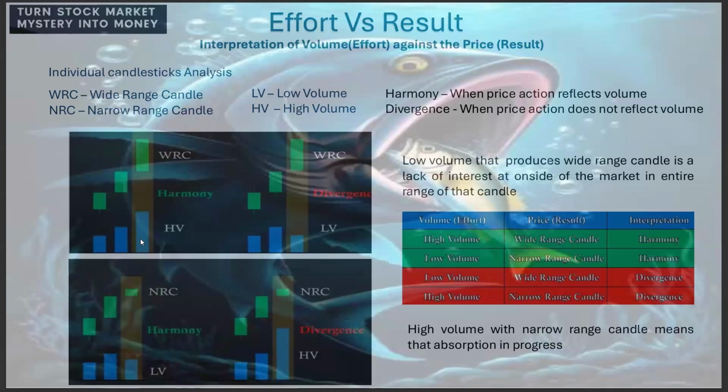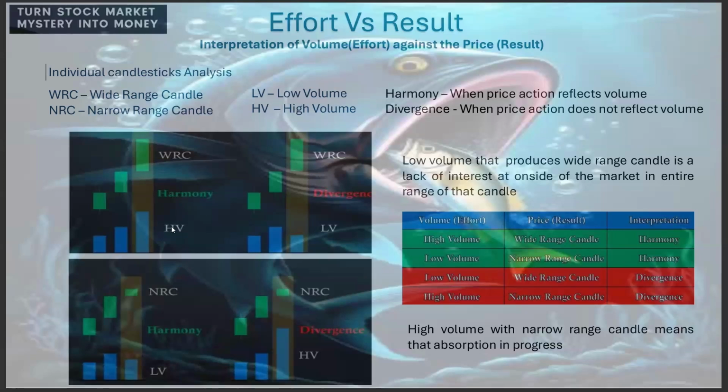And on the same day, the volume, say a normal average is 500, and if it is more than 1,500, it is a high volume. So what this means is, when high volume is happening, the price also moves in harmony with the volume. So effort produces the result. Between the price action and the volume, there is a harmony.